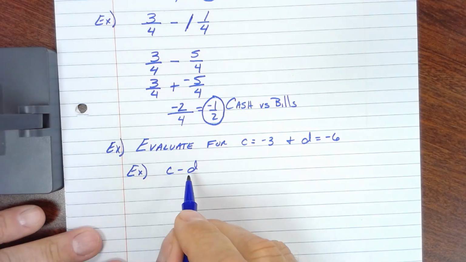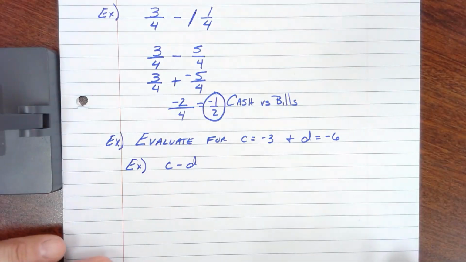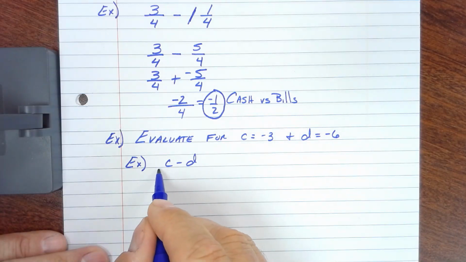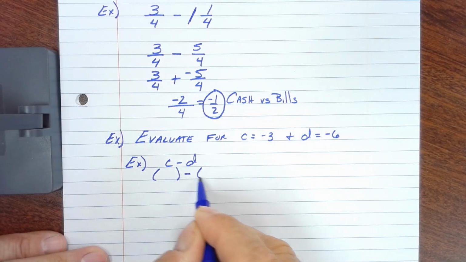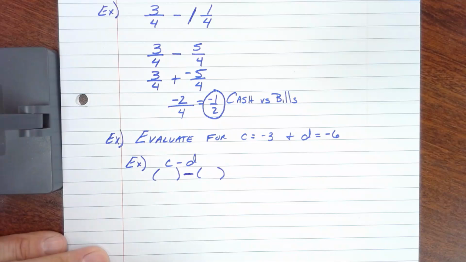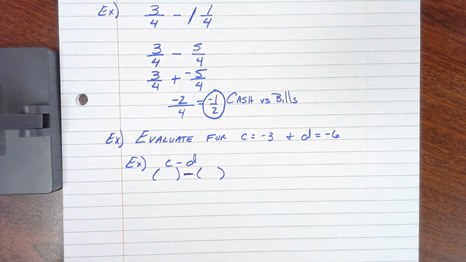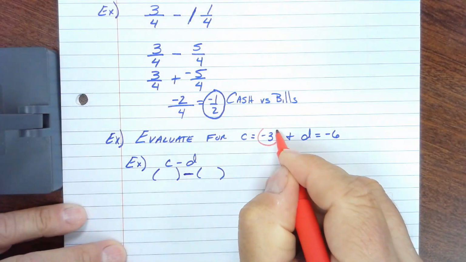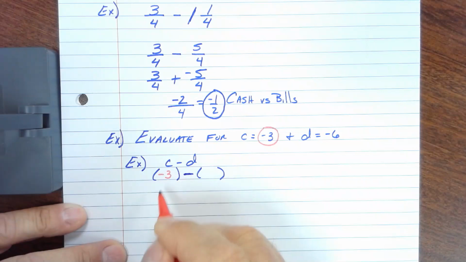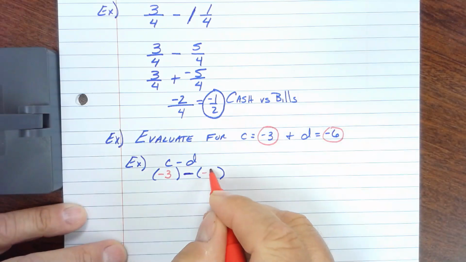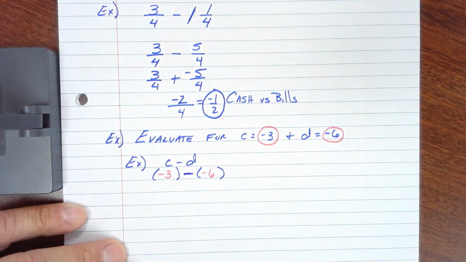I'm going to talk a little bit more because we've had trouble substituting values in. This is C and this is D with a subtraction sign in between them. The value that is C is -3 and the value that is D is -6. And a lot of times we see this minus already down here.